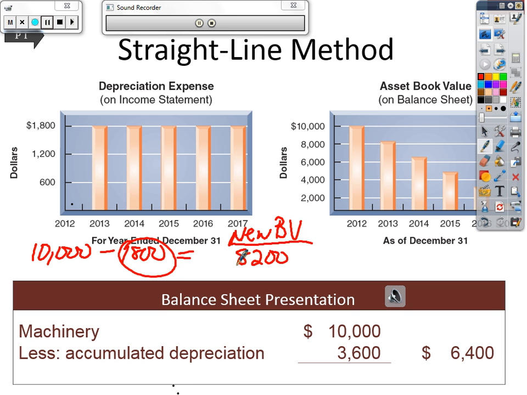All right. So now this 8,200. Every year after that, you're going to subtract what? 1,800. So if I want to try to resell it or something like that, I have to sell it at 8,200, right? If you're selling it that year, and that's how much it's worth, yes. Now, with that being said, what happens when you do a different method?